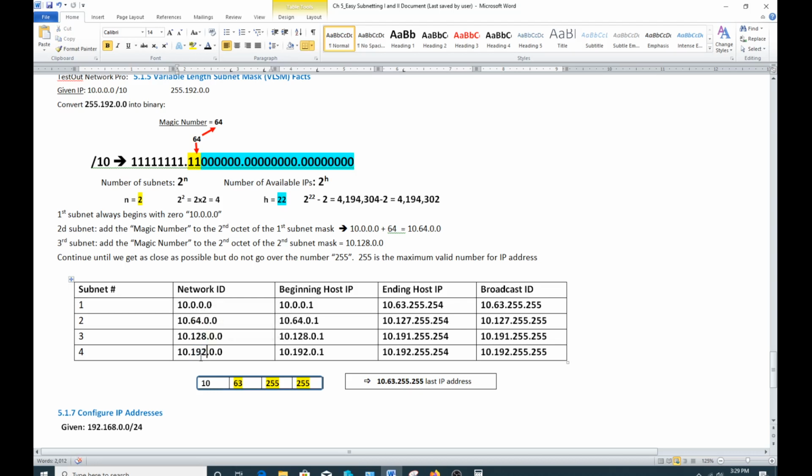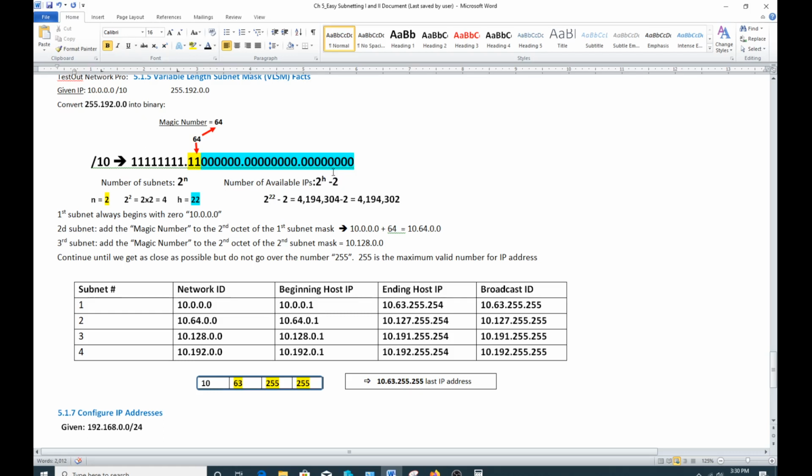If we add 64 to 192, it gets 256. It exceeds the 255 number. So we stop right here. Now, if we want to know how many available IPs, well, it's 2 to the h minus 2. Okay, that's our formula. So what we need to do is 2 to the h minus 2.